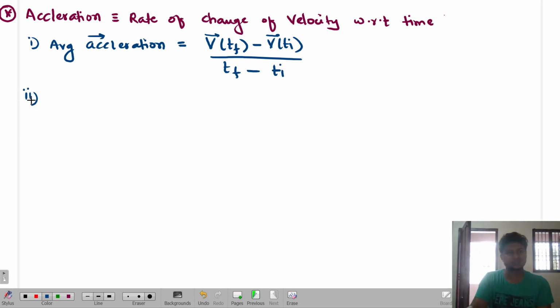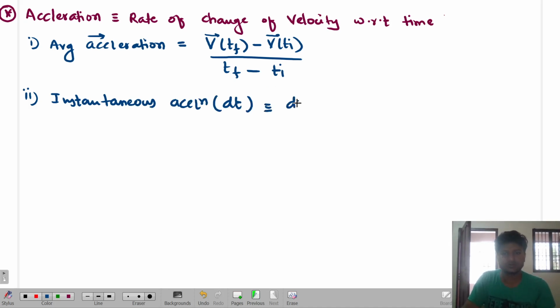Second thing is instantaneous acceleration. As once again the word instantaneous has been used, I'm talking about a dt time interval. So it will be the rate of change of velocity in dt, so it will become dv, a very small change, isn't it? dv by dt. Are you able to get me or not? But we know that velocity is dx by dt, and if I'm considering vector form, then it is dr by dt also, isn't it?